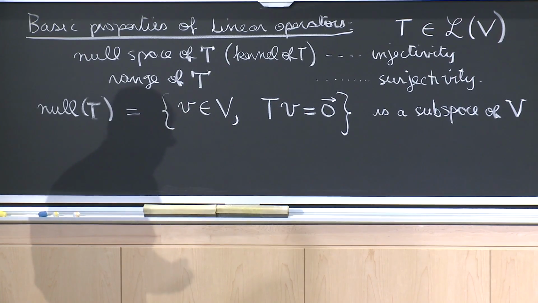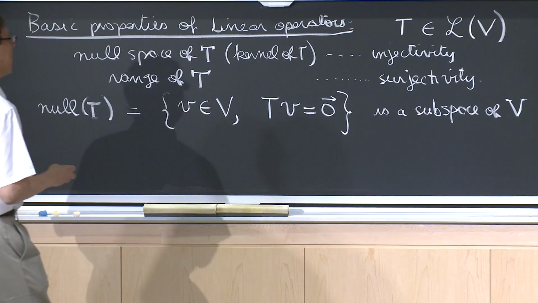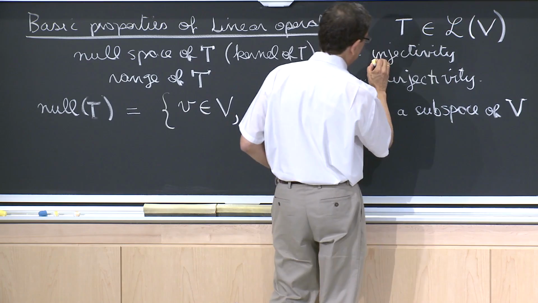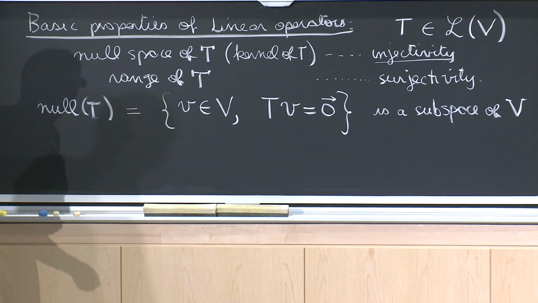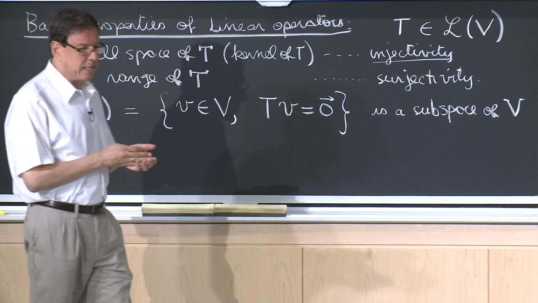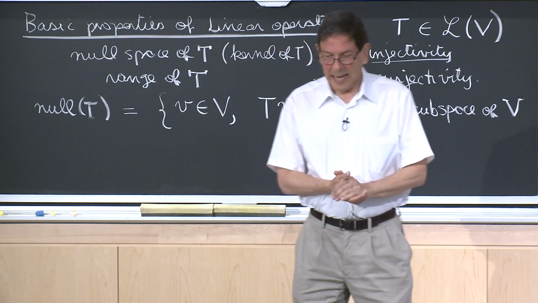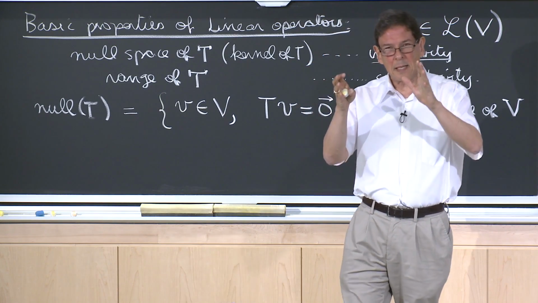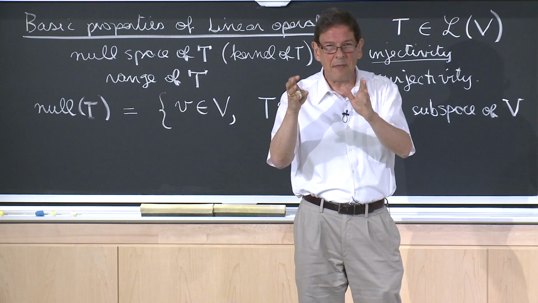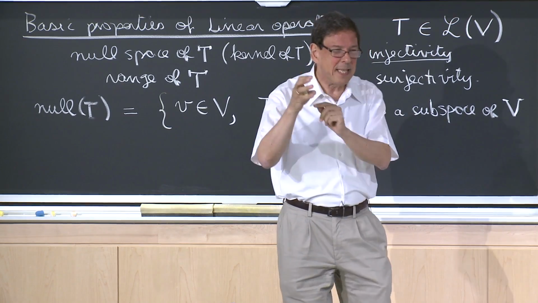So now we need the other property, injectivity. There are several names for injectivity. We'll see a few of them. So basically, what is injectivity? Injectivity is a property of an operator. We say that an operator is injective if the following doesn't happen.